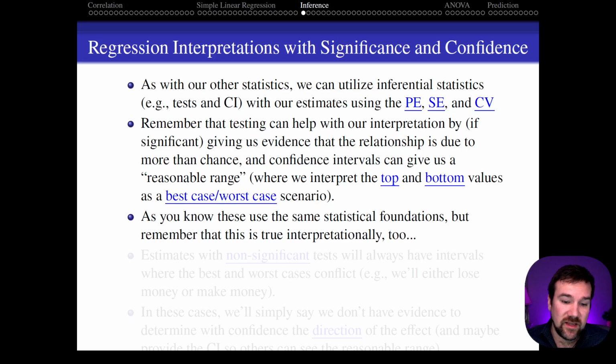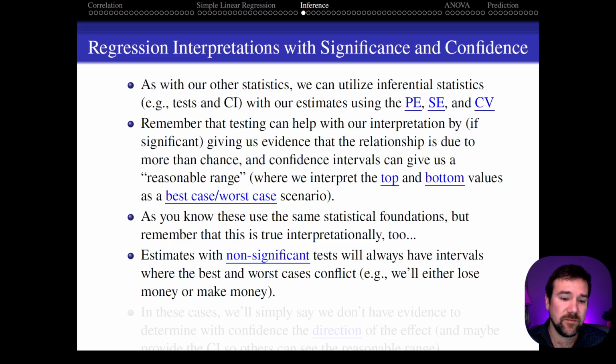So these use the same stats foundations as each other, but remember, interpretationally, confidence intervals give the same answers as two-tailed hypothesis tests. So remember, it's not just that CI and HT use the same pieces of the point estimate, standard error, and critical value, but they also provide the same interpretational evidence. Typically, cases with non-significant tests in the hypothesis test will have intervals where the best and worst case conflict.